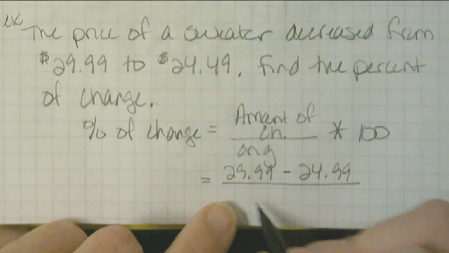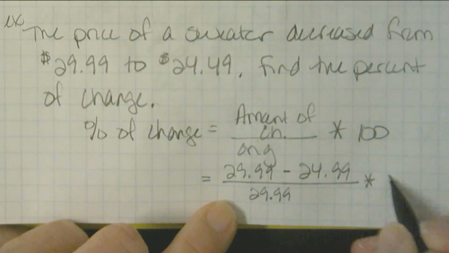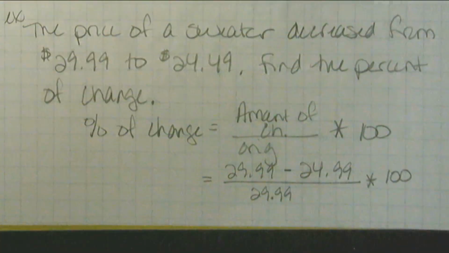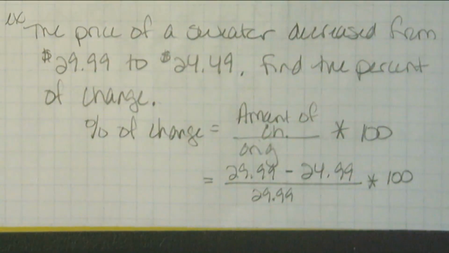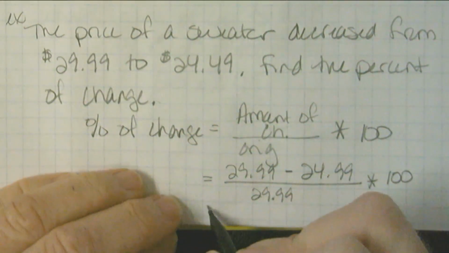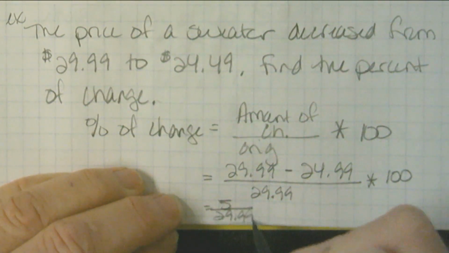Peter? $29.99. It's what we're starting from, and then times 100. So that should be 5. I'm just making sure. 29.99 minus 24.99 gives me 5. So I end up with 5 divided by 29.99 times 100.